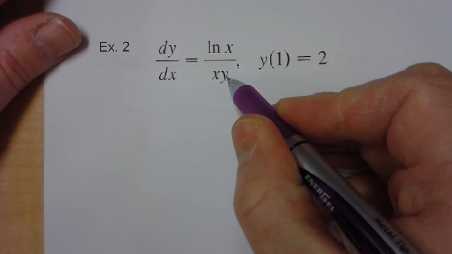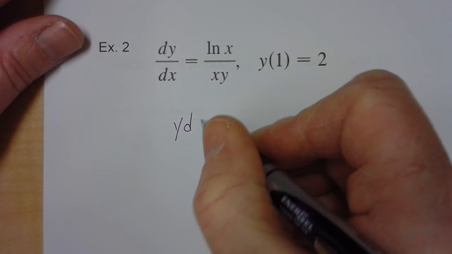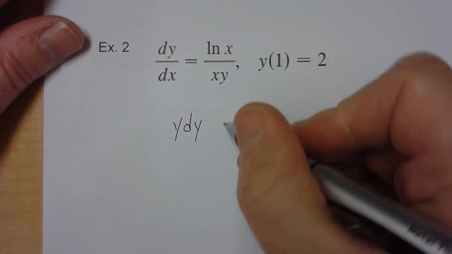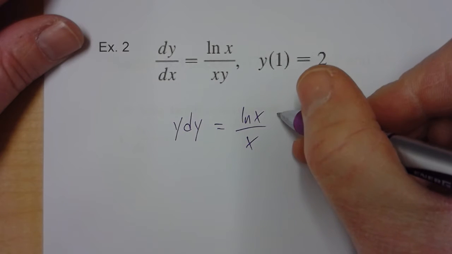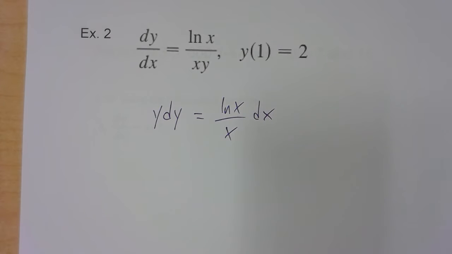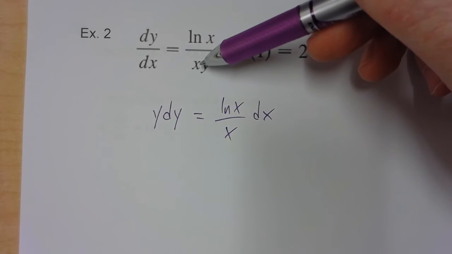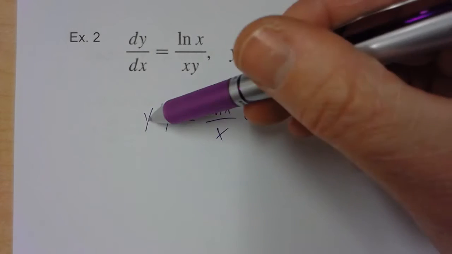I'm going to multiply the y over, so I get y dy. I'm going to multiply the dx over, so I get natural log of x over x in dx. So there's the separation of variables. So this and this stayed on this side of the equation, and the y moved over here.